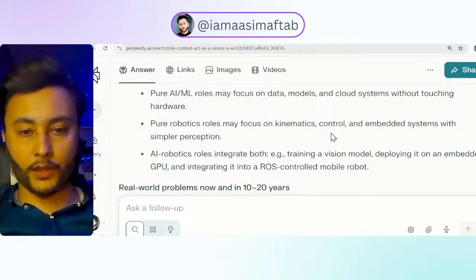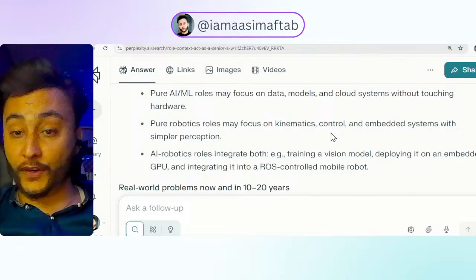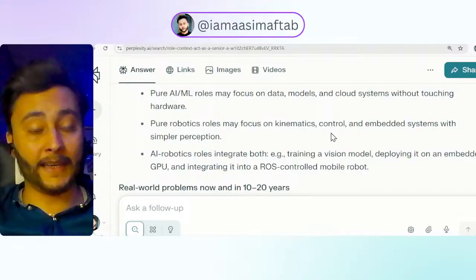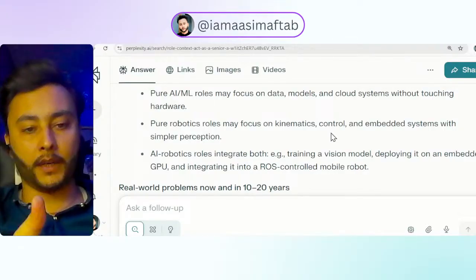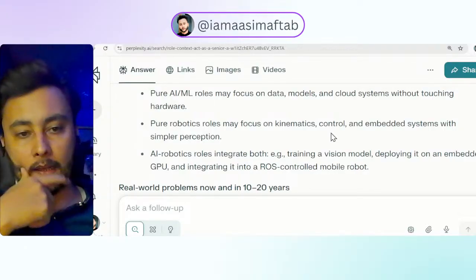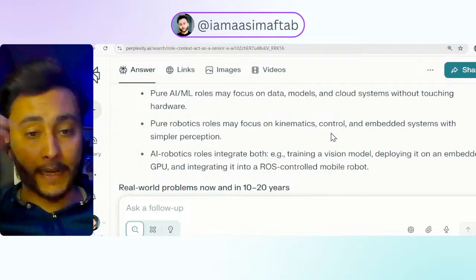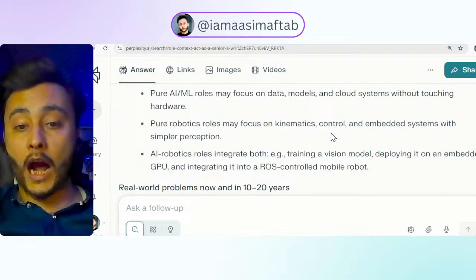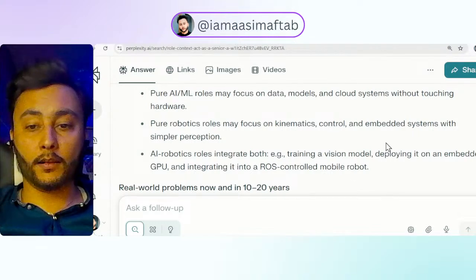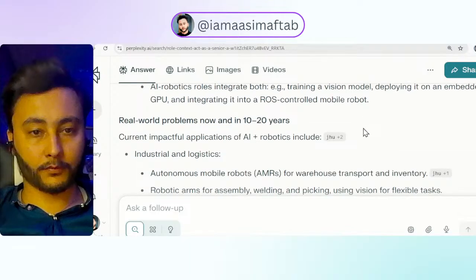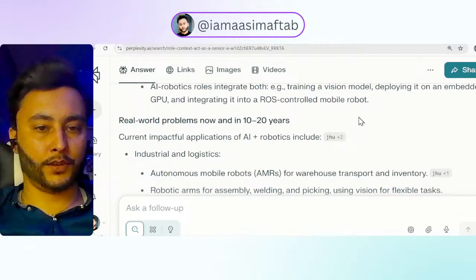AI robotics roles integrate both, for example training a vision model, deploying it on an embedded GPU, and integrating it into a ROS-controlled mobile robot. If you don't know, a GPU is a graphics card. How beautiful this research is.